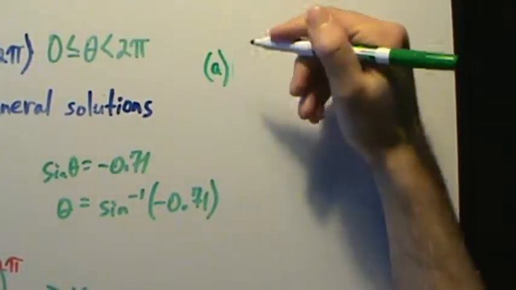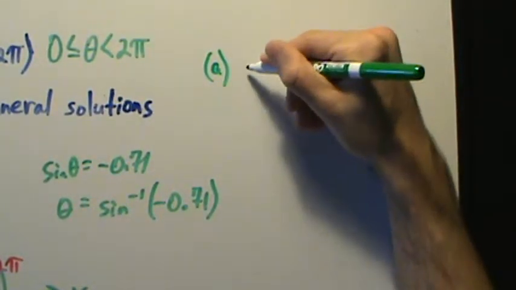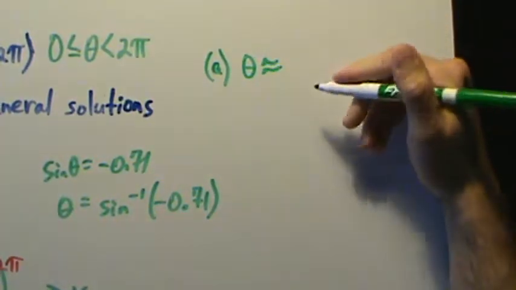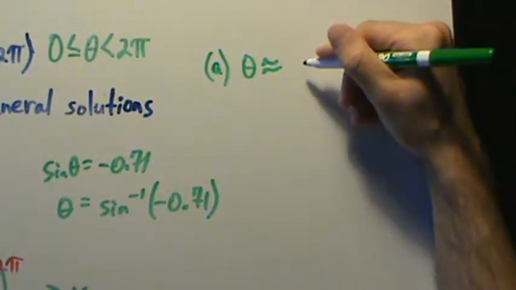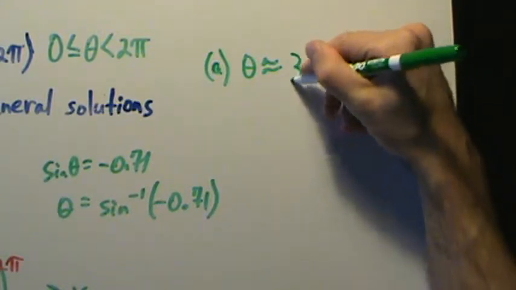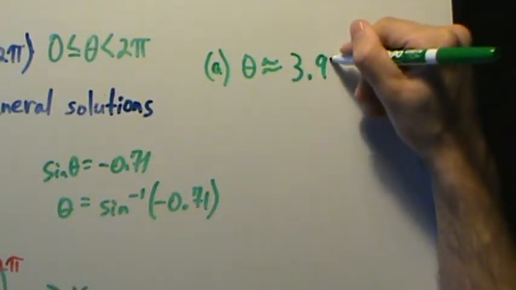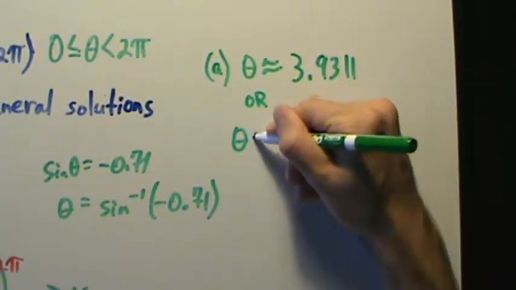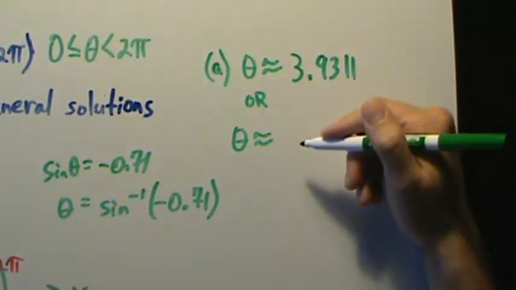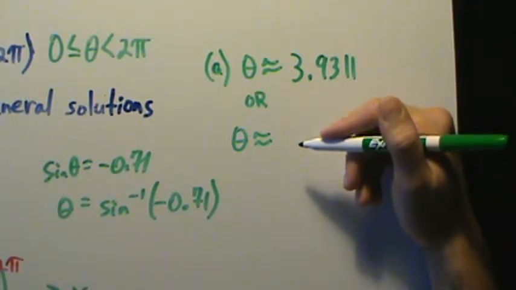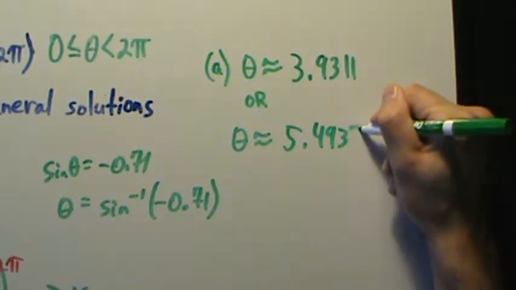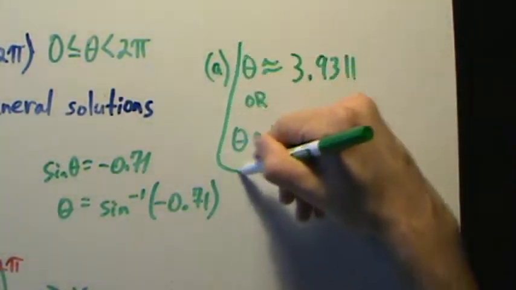For part A, the answers then are theta is approximately 3.9311, or theta is approximately 5.4937, we said. And that's it for part A.